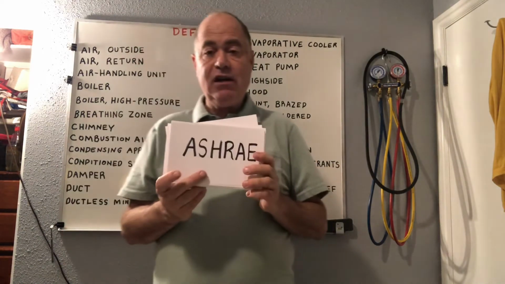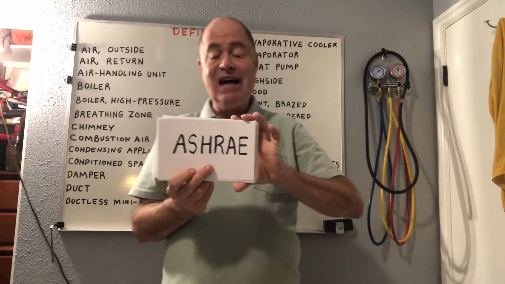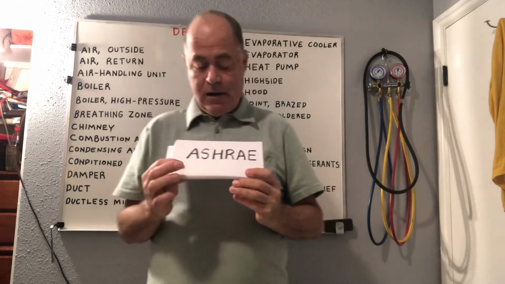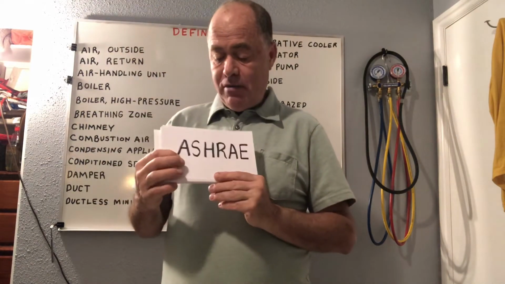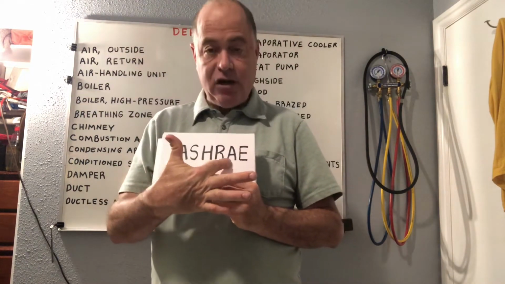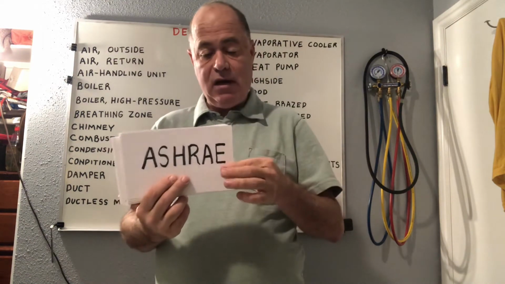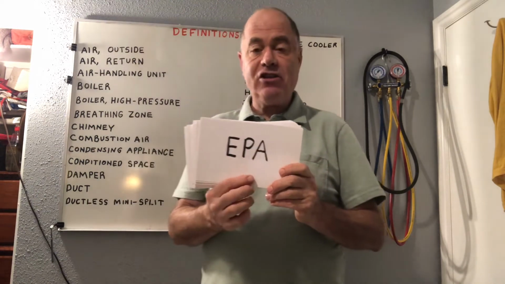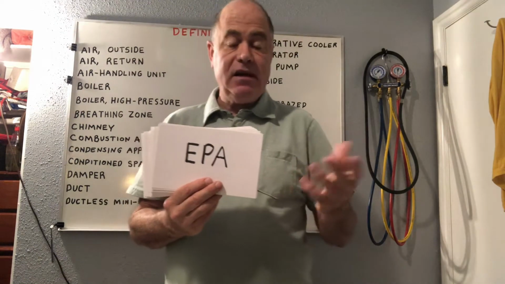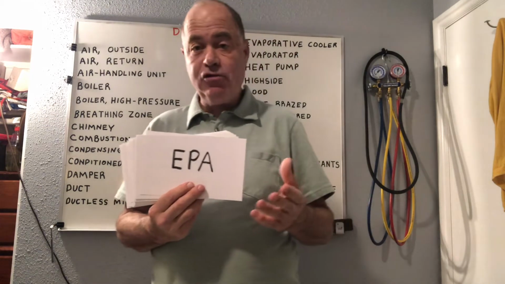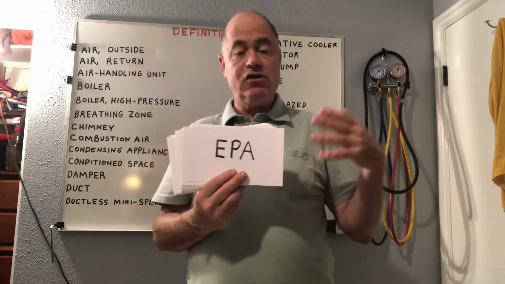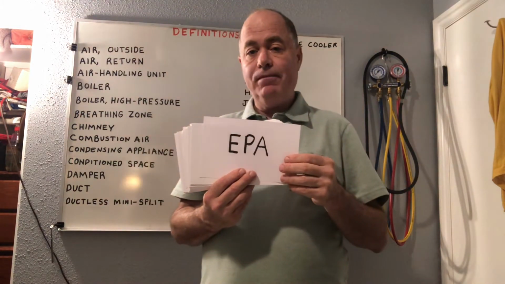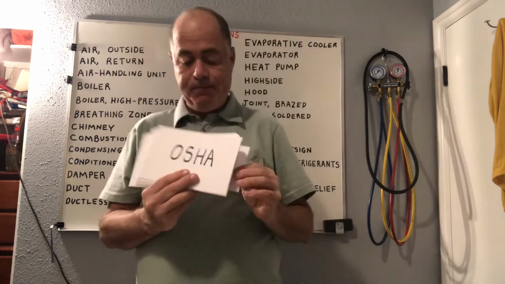This is ASHRAE, an organization that sets guidelines for air conditioning refrigeration. It stands for American Society of Heating, Refrigeration, Air Conditioning Engineers. Okay, another organization would be the EPA, Environmental Protection Agency. They set guidelines dealing with refrigerants and the atmosphere as far as how they affect the ozone, global warming potential, and other things also, the EPA.